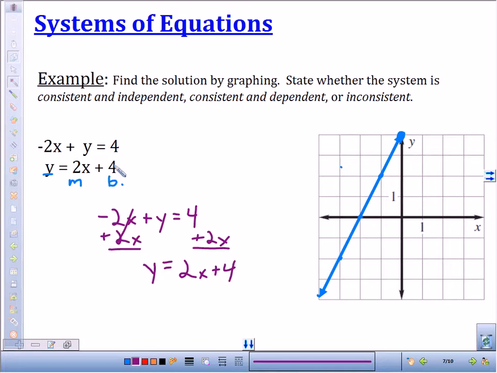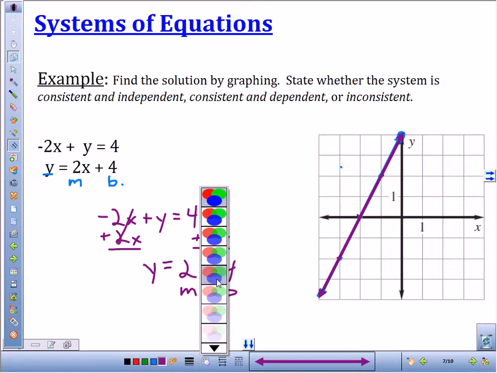Well, now, the second equation was also y equals 2x plus 4. That means that I would have a b of 4 and an m of 2. So again, I would plot a point at 4, do the move of downward 1 and backwards 1, and I would end up with a line sitting exactly on top of the old line. Okay.